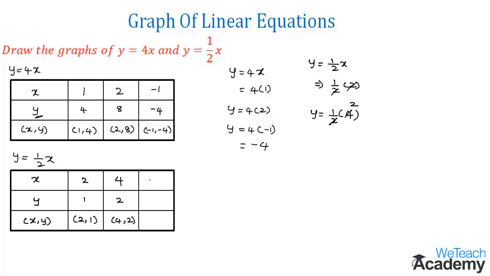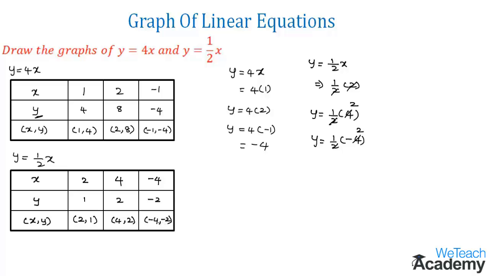If we consider the x value as -4, then what would be the y value? We get y = 1/2 into -4. On simplifying, by multiplying 1 and -2, we get the value of y as -2. So we get the ordered pair (-4, -2).